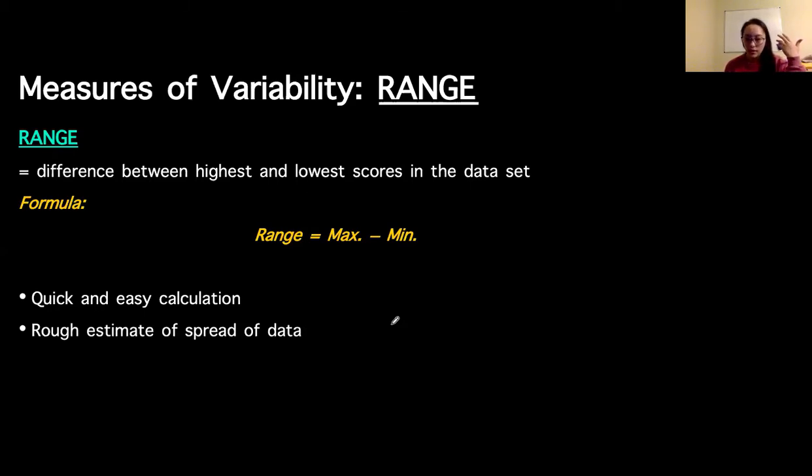Let's say we're picking people from this class, right? Maybe we have a minimum age of 20 and we have a maximum age of 35, okay? So in that case, we would calculate our range by saying 35 minus 20, right? And that would give us a range of 15 years.